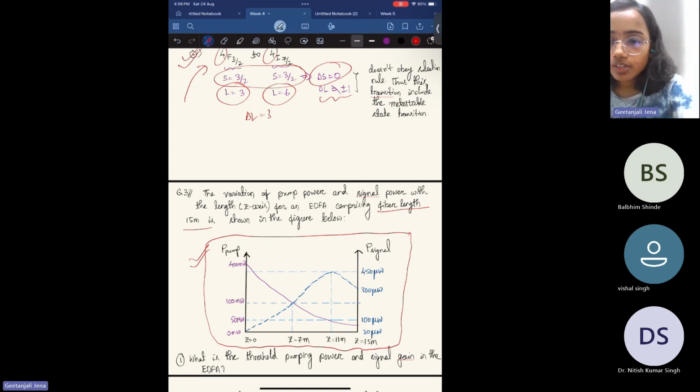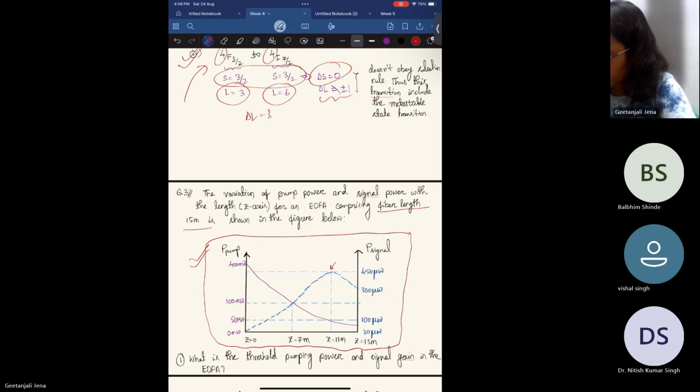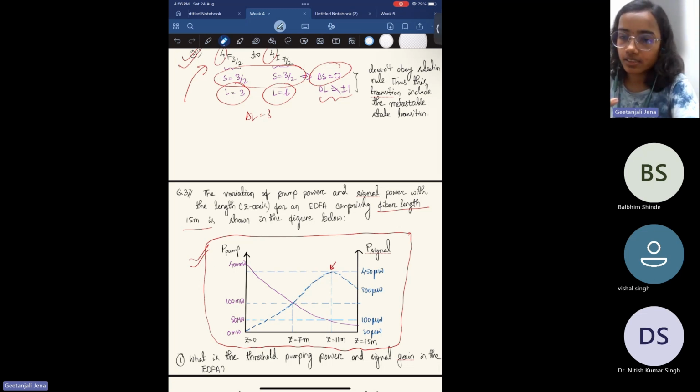So threshold pumping power, as we see, is the minimum power that is required to achieve a population inversion, right? So where can you get the threshold pumping power? If you see in the graph, around the maximum signal power length, below this maximum signal power, the signal power is decreasing.